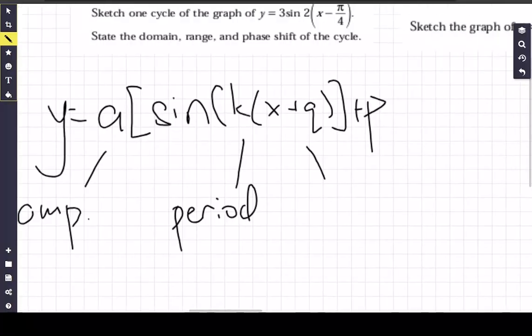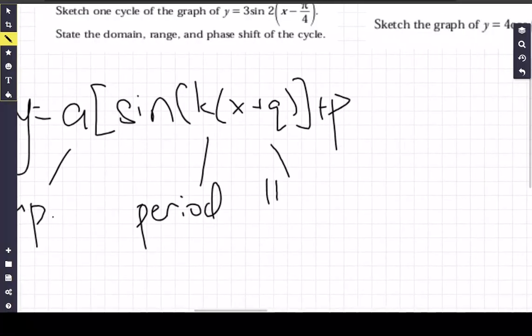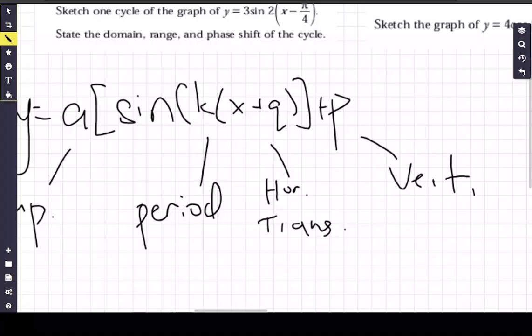This is our horizontal translation. And this is our vertical translation. Right? So that is that. This is all I want you to remember. And remember, this vertical translation is otherwise also known as the axis.